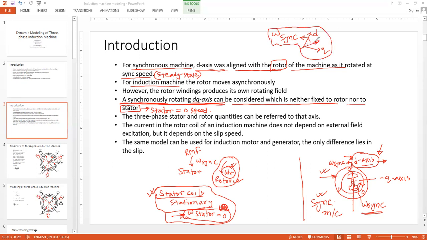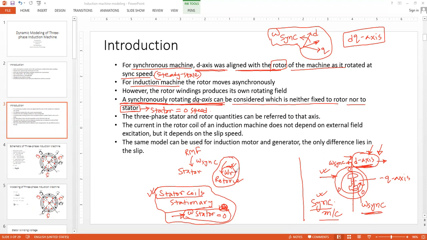So what I'm saying was the difference. In the induction machine, we have to assume a different set of DQ axes, which is not aligned to the rotor like in the synchronous machine. In the synchronous machine, in a steady state, the rotor was moving at synchronous speed, so we could assume that the D axis is also aligned along the rotor axis.